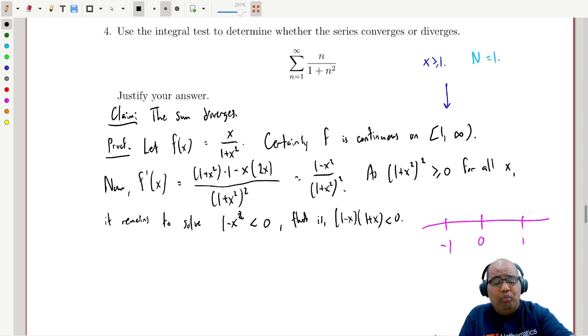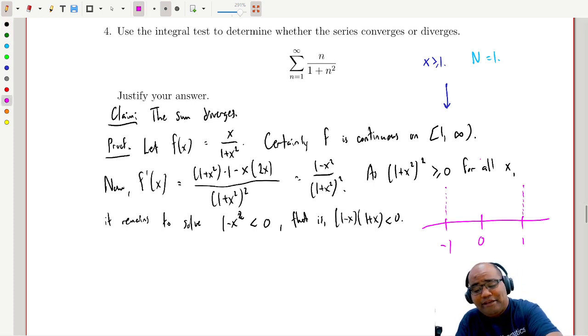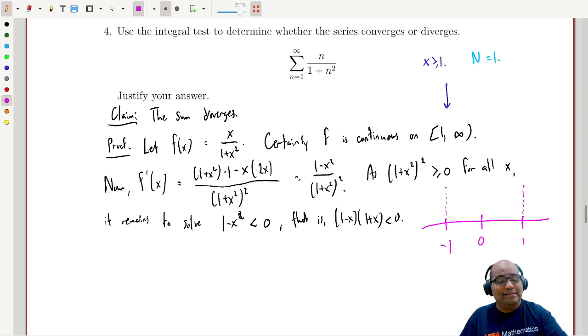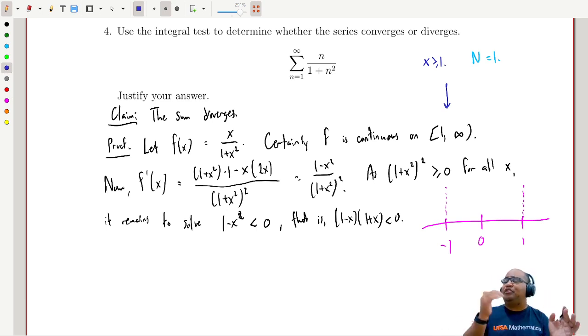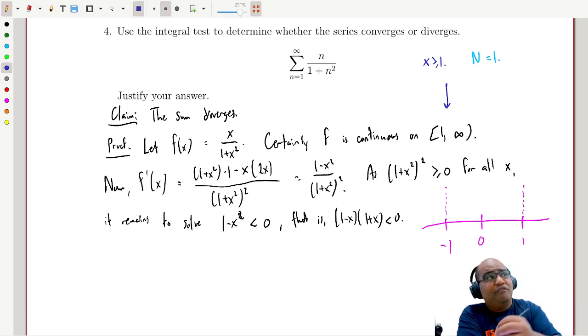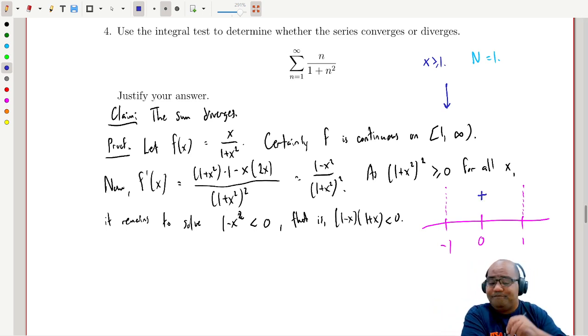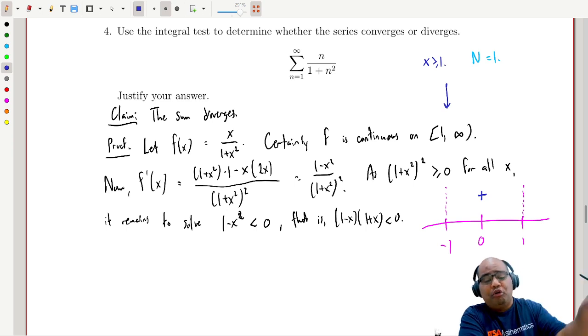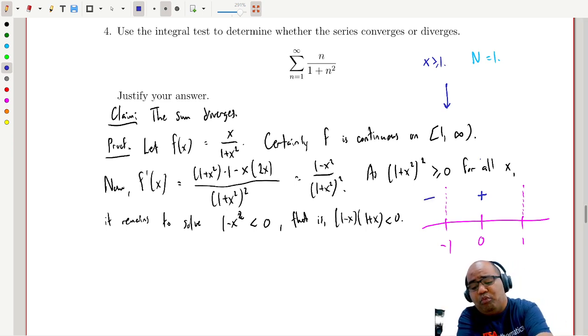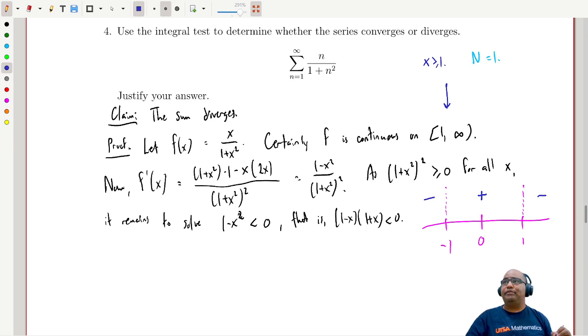The zeros are precisely at 1 and -1. Now my number line is in 3 pieces. I won't show all the details, but if you pick a test point inside each of those regions, a number between -1 and 1, a number bigger than 1, and a number smaller than -1, you will get the following results. From -1 to 1, that function is plus. From -1 all the way to the left, that's minus, and 1 to the right, that's minus as well.